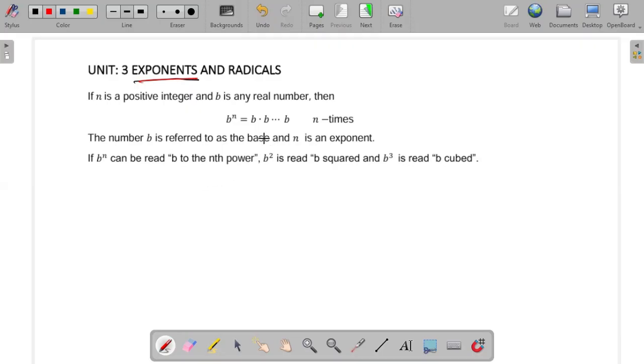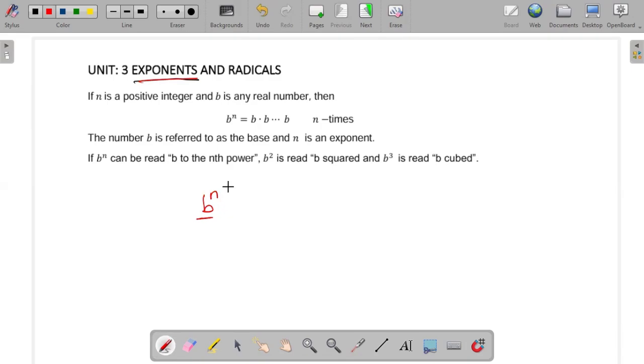Here we have a general term with the number b, which we call our base. The power, which is what we call the exponent, shows us how many times this number is multiplying itself.